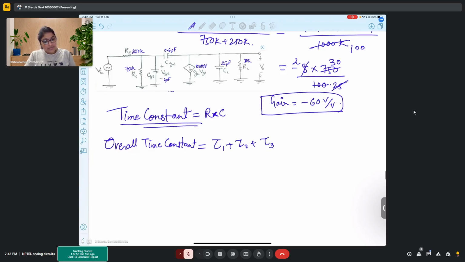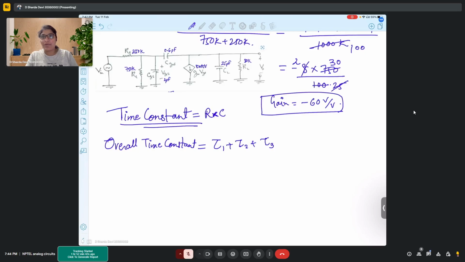Here we have three different capacitors, and corresponding to that, if we calculate the resistances at those nodes, we get the equivalent resistance at that particular node as well as the capacitance at that node.